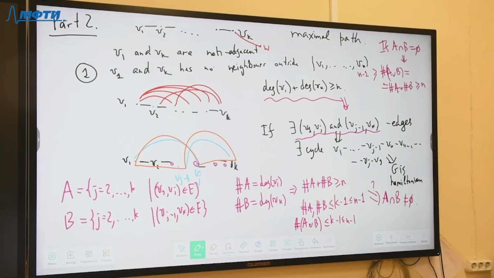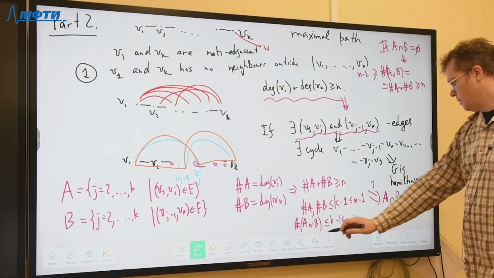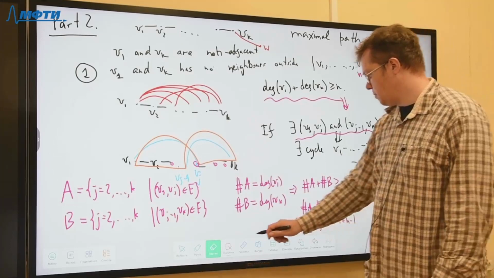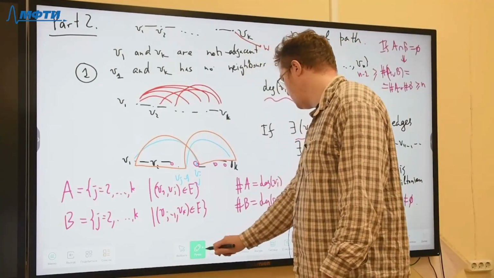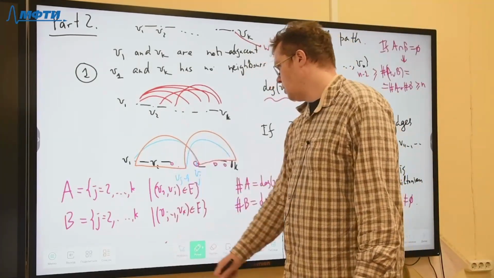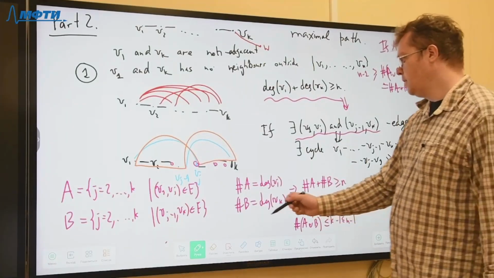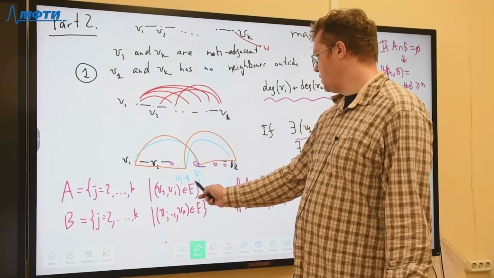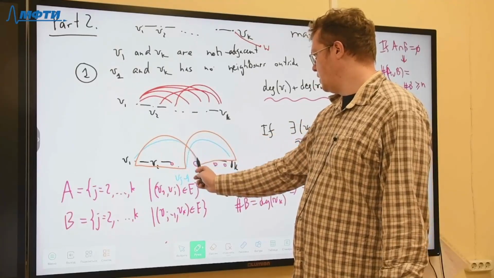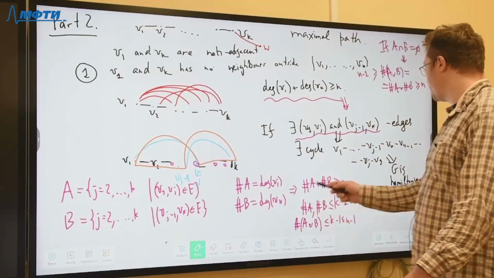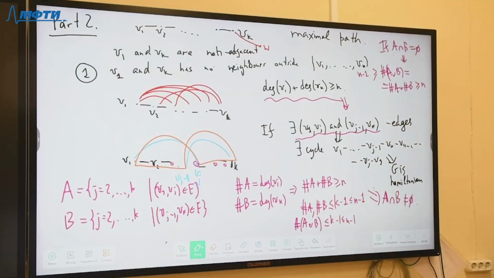And so there's a contradiction. So I just proved that they have something in common. And so this property holds: there exists some j such that v_1 v_j is an edge from E and v_{j-1} v_k is an edge, and so we can construct the cycle and finish the proof that G is Hamiltonian.